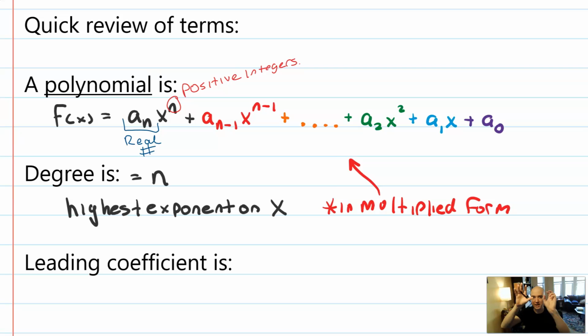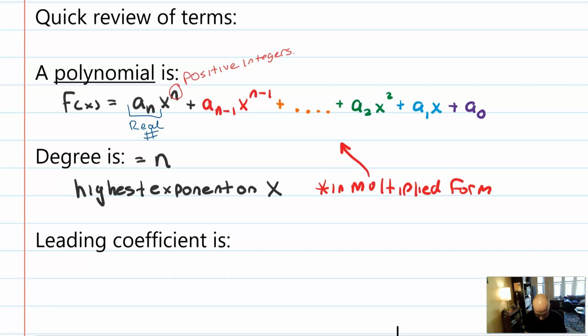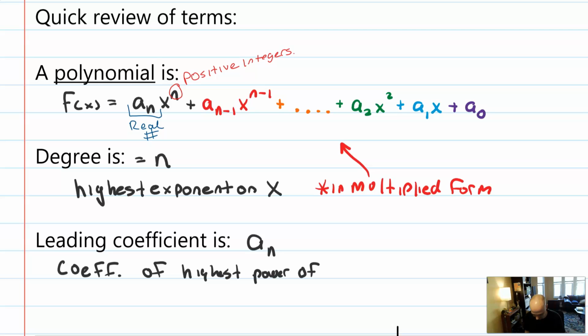So if you see something in factored form, you have to count up and find the degree. It's not just the highest exponent. But in that form, the n there is the degree, and the leading coefficient is the a sub n, and it's the coefficient of the highest power of x.